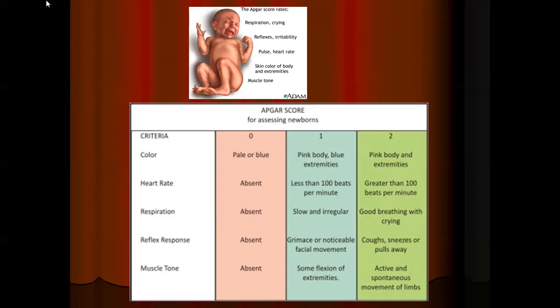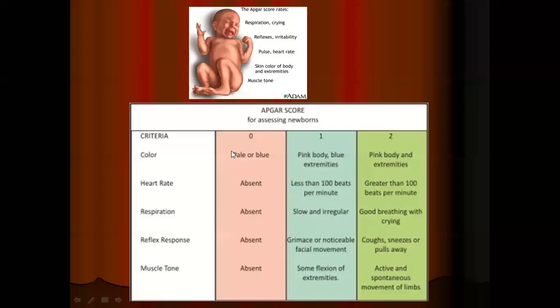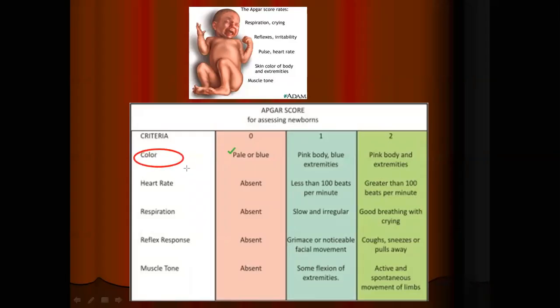If the body is pink and the extremities are blue, that is acrocyanosis, we are going to give the score as 1.